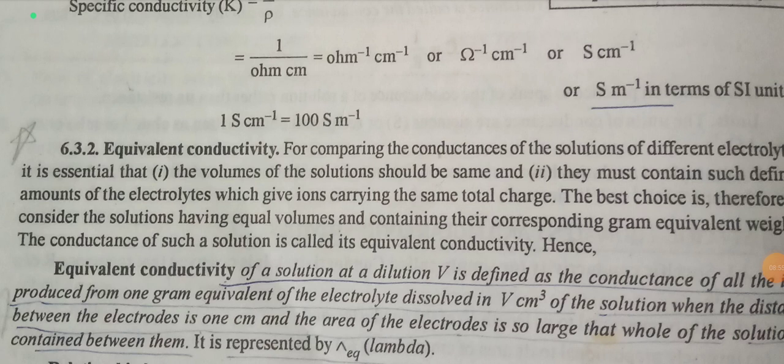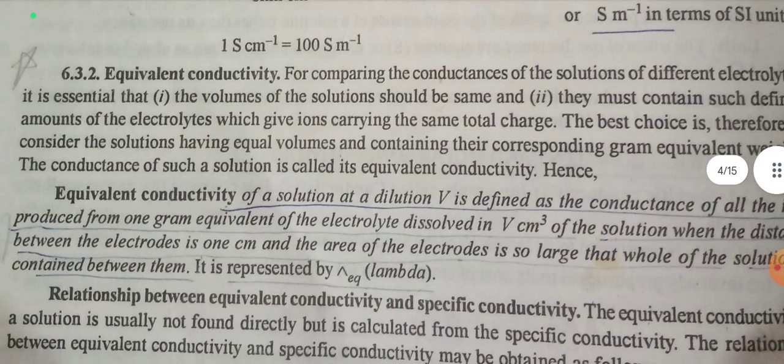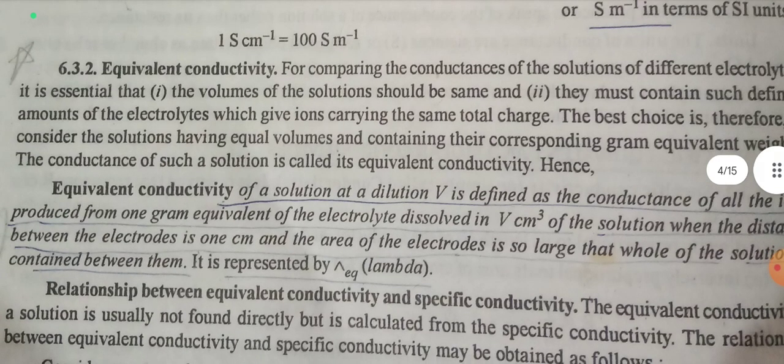The conductance of such a solution is called its equivalent conductivity. Hence, the equivalent conductivity of a solution at dilution V is defined as the conductance of all the ions produced from 1 gram equivalent of an electrolyte dissolved in V centimeter cube of solution, when the distance between the electrodes is 1 centimeter and the area of the electrodes is so large that the whole solution is contained between them. It is represented by lambda.